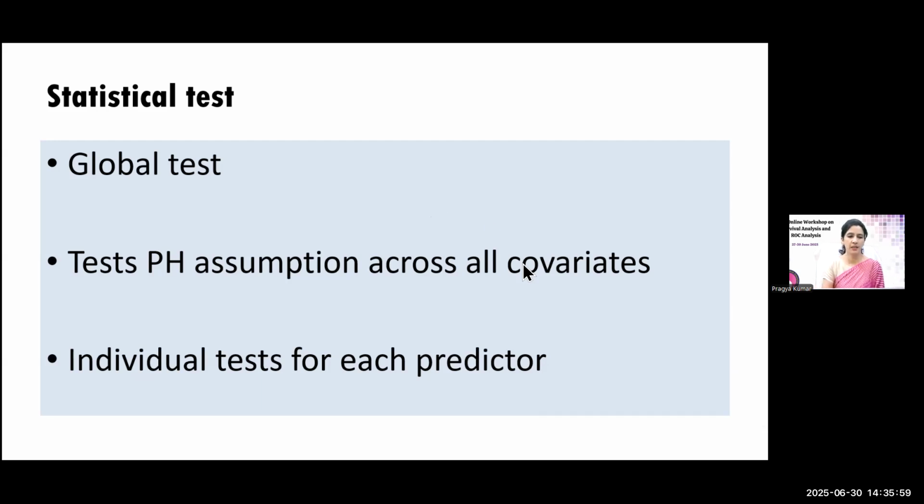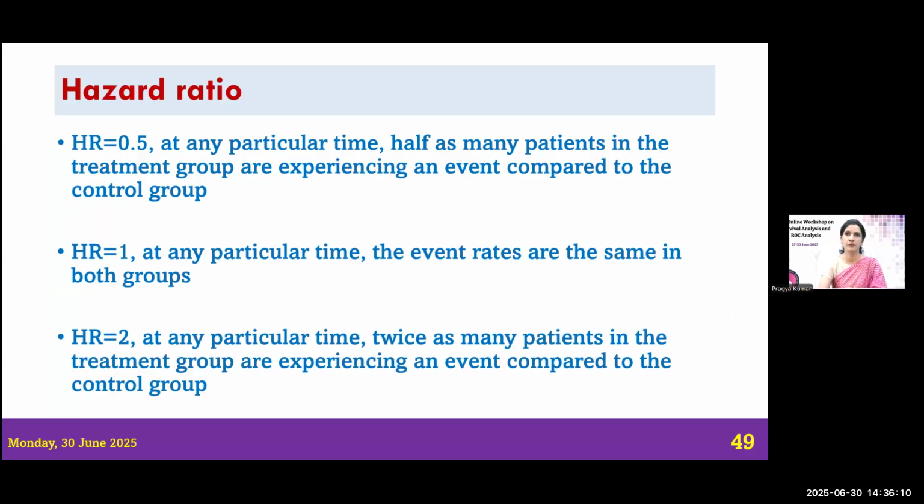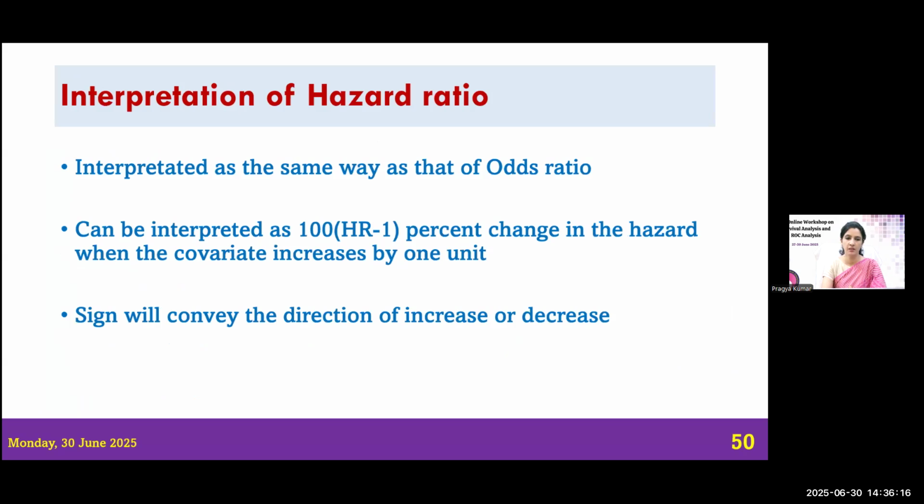So we are back. We were discussing the objective way of measuring the proportional hazard assumption. I'm skipping this slide, the interpretation of hazard ratio, whether it is less than 1, 1 or more than 1, which is again the way we interpret the odds ratio.